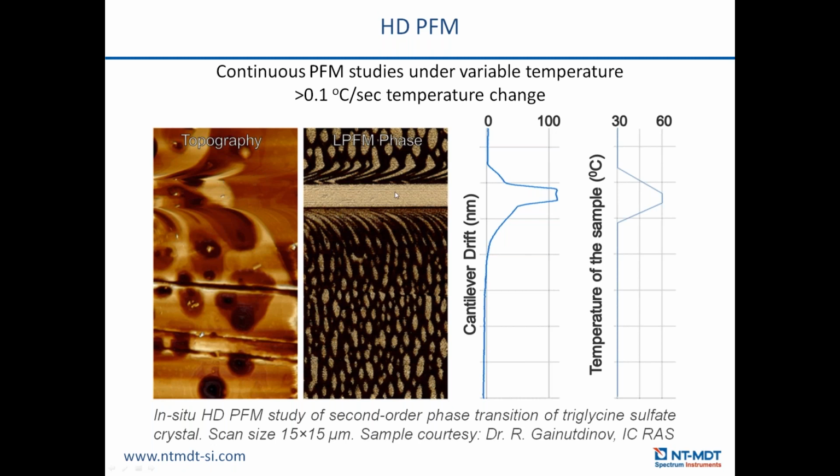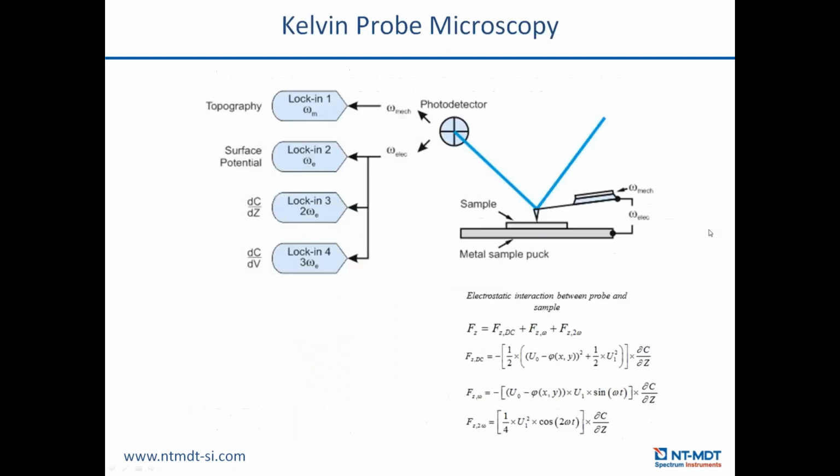At the same time, we are collecting the PFM. So when the sample is under the Curie point, we see the domain structure. Then the domains become smaller, and then switch to the clear phase. So these in situ studies of even such an easy material as TGS, but during the heating, could be done only with this approach.